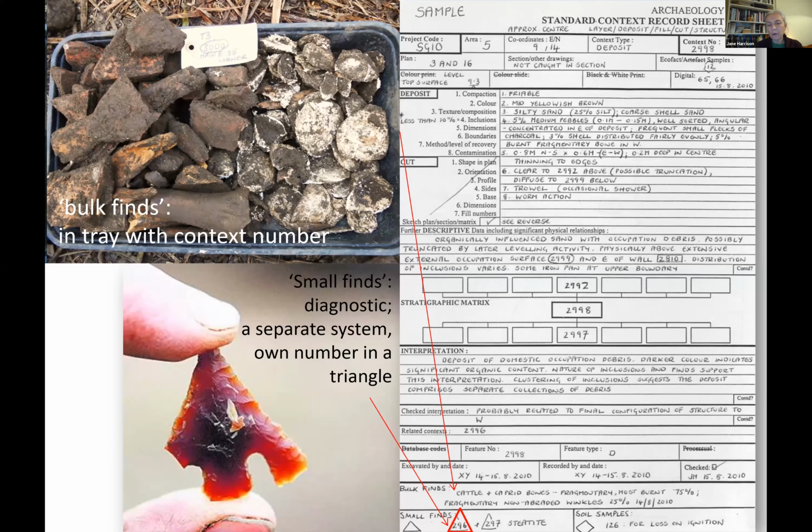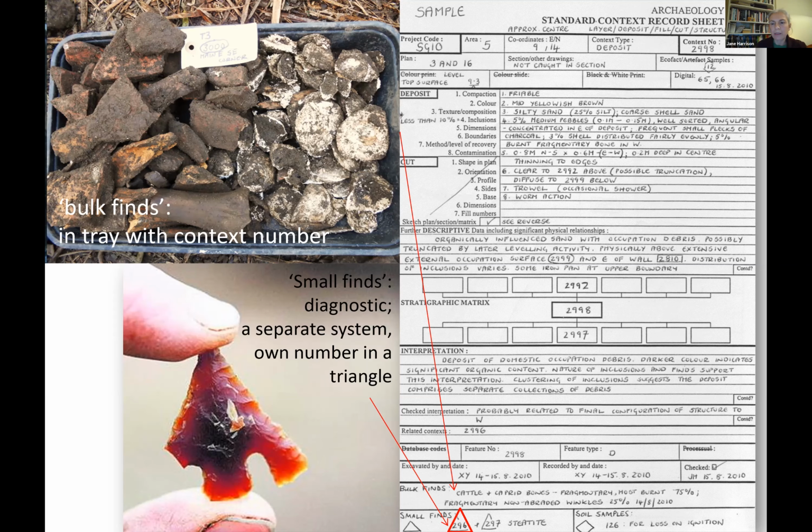And for example, you might record all the hobnails you find on a Roman site, although I have to say that you can regret that, because when you're recording every hobnail as a small find and it's a very rich site, that can get a bit out of hand.